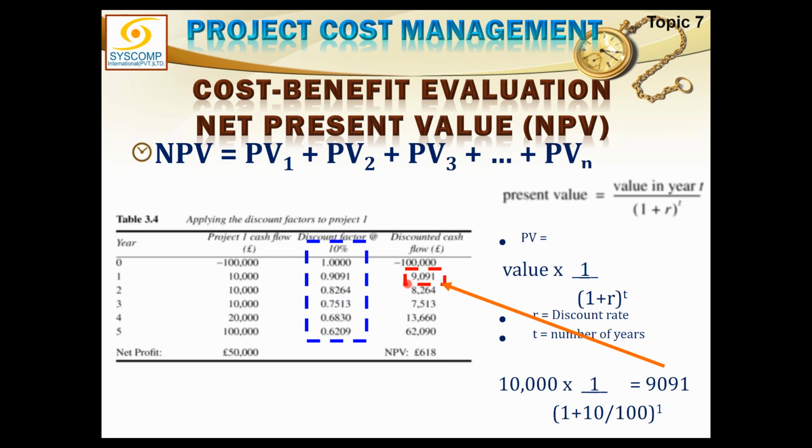So if I sum up all the present values, that comes out to be something like 99,000 something.